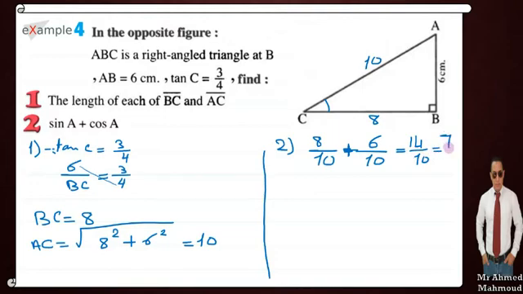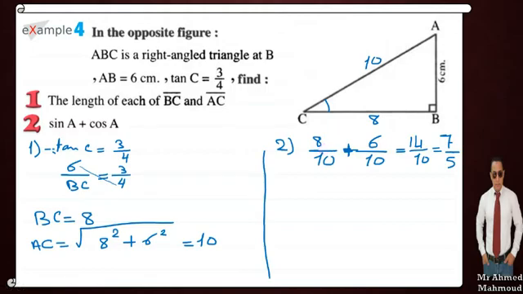In the simplest form it is 7 over 5. By looking at this, we can note that sine angle plus cosine angle, of the same angle, is greater than 1.